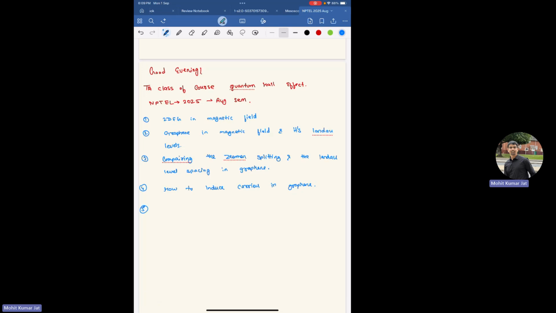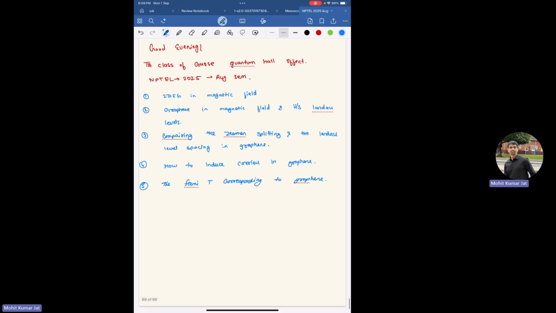Then I'll be discussing the Fermi temperature corresponding to graphene. So these are the points which I'll be discussing in today's lecture. Dear class, if you have any doubt or question, you can ask in the comment section. I'll be happy to address that.